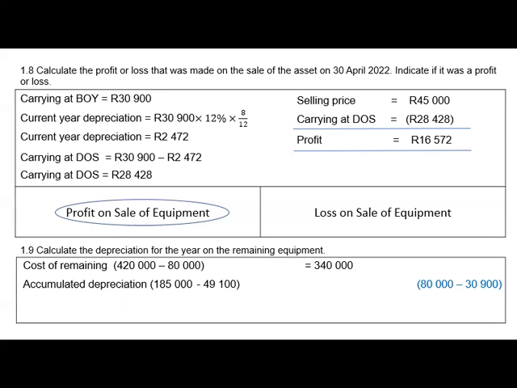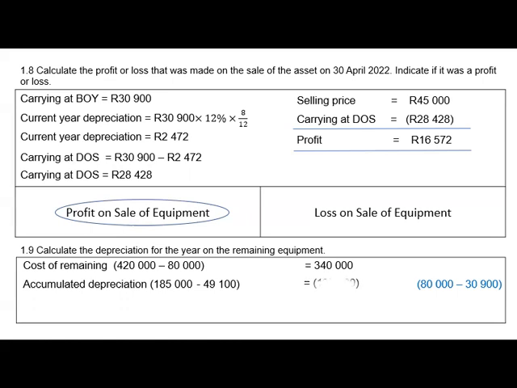Or you can use a table form like I've done above, okay? You add what you subtracted, you subtract what you added, and it will simply give you accumulated depreciation of this equipment sold at the beginning of the year, which will be 49,100.